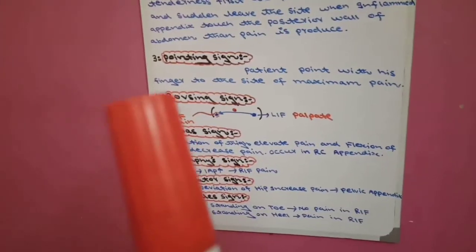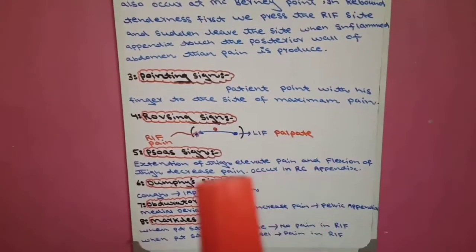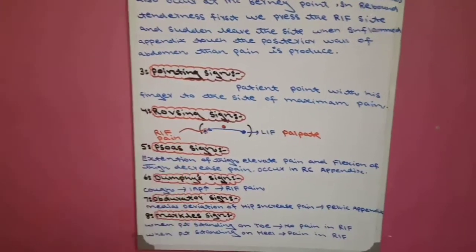The fourth is Rovsing sign. Rovsing sign means when we palpate the left iliac fossa, the pain is produced in the right iliac fossa.